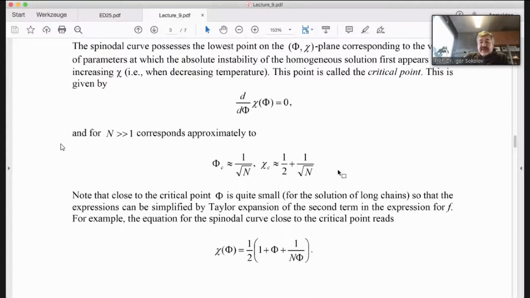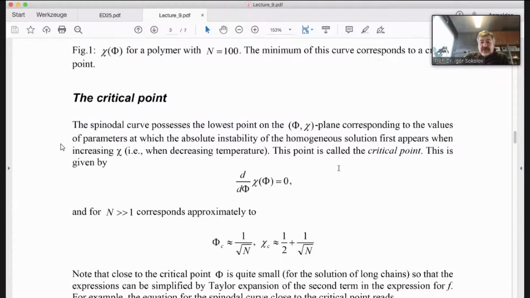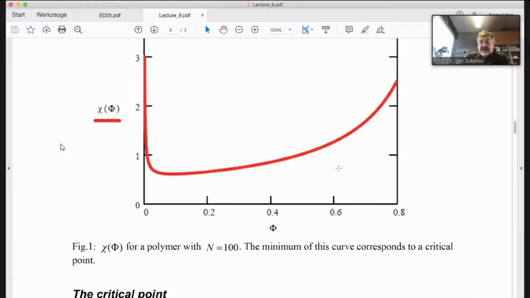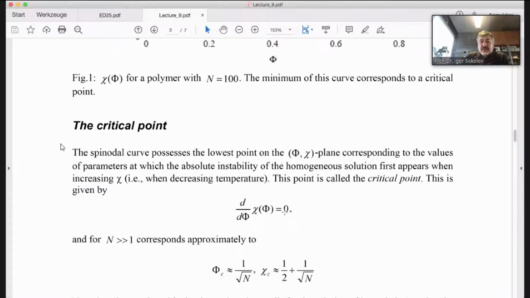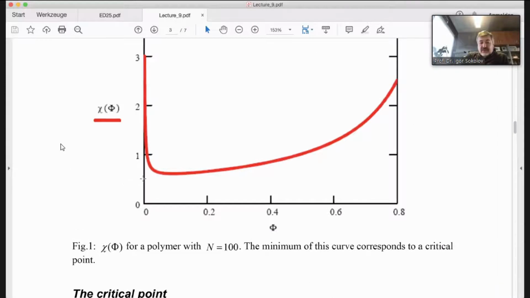So what I see is that the critical point is situated on the chi axis at 1/2 plus 1 over square root of n. So if I would draw here 1/2, this is 1/2 plus 1 over square root of n. My square root of n is here in this picture 1/10. So it's 1/2 plus 1/10, 0.6.